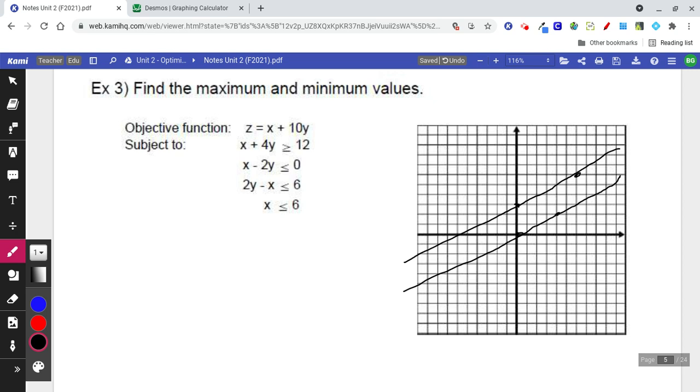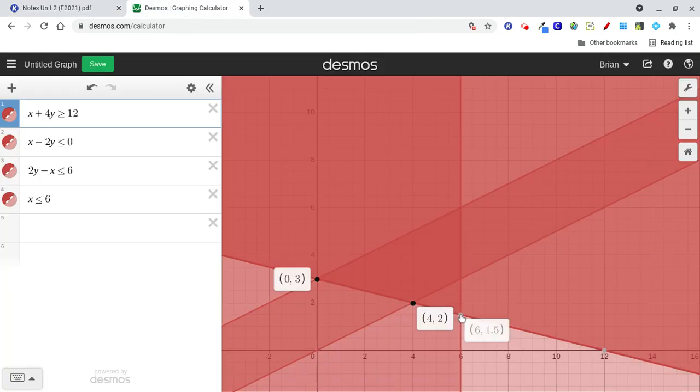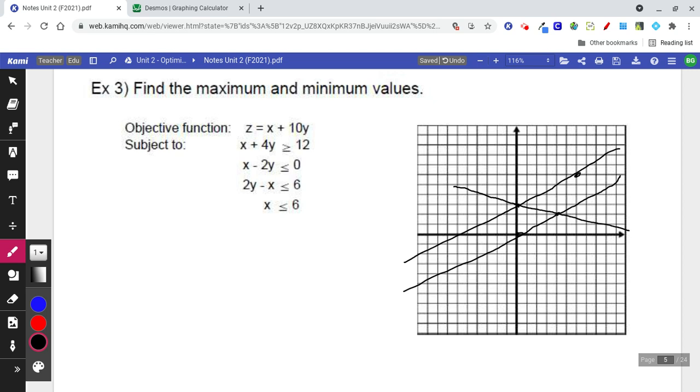So let's just draw a line going like that. And the other one's vertical. x less than or equal to 6. That's a vertical line through 6.